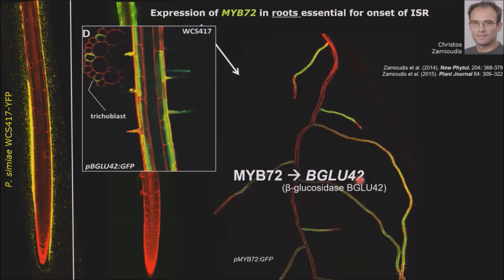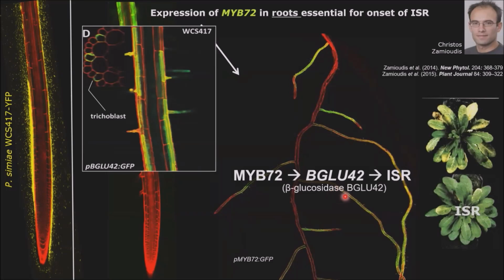And it encodes a beta-glucosidase 42. And what is known about beta-glucosidases is that they can cleave off glucoside residues from secondary metabolites. And this is often an activity that leads to, well, activation or deactivation of that secondary metabolite when the glucoside residue is cleaved off.